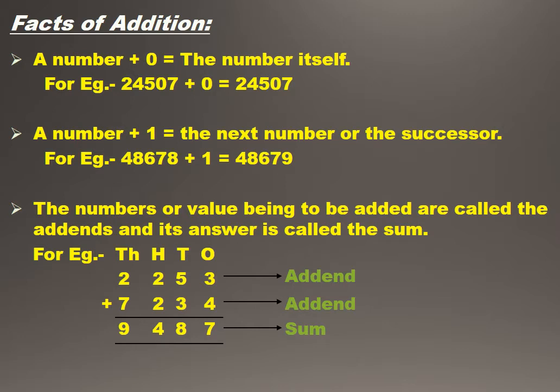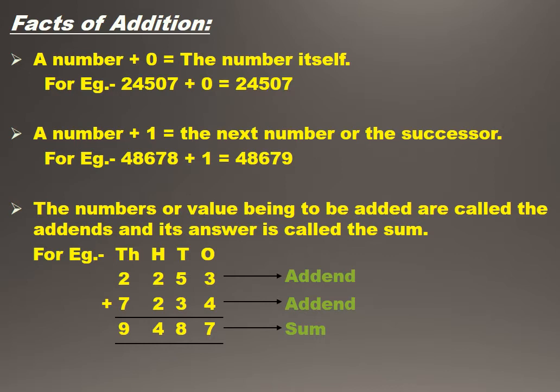Clear? Now move to the next property: if we add 1 to any number, what is the answer? The answer is the next number or the successor of that number.